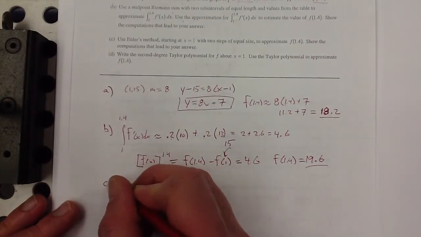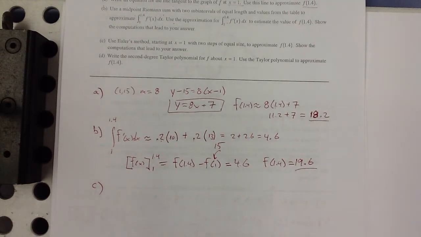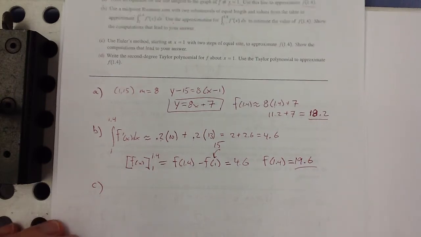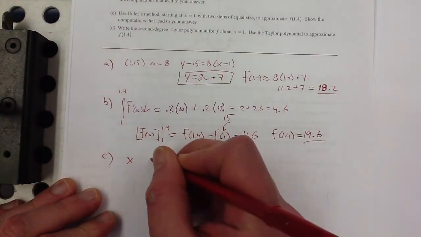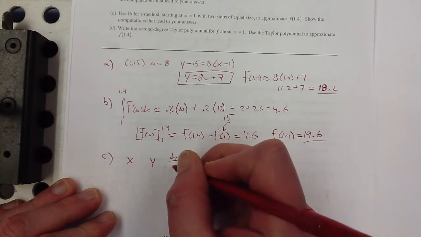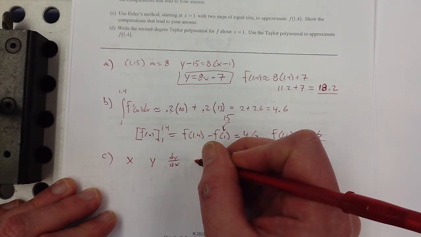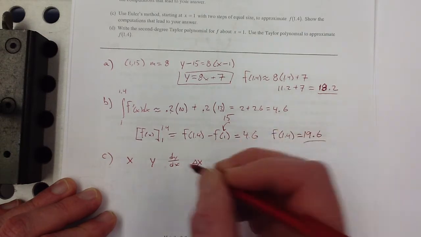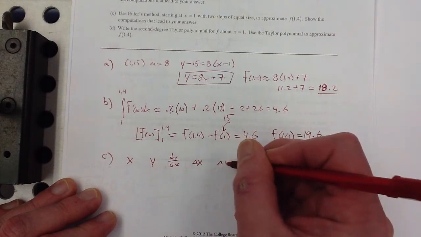All right. Isn't this cool? C. Use Euler's method, starting at x equals 1, with 2 steps of equal size to approximate 1.4. Cool. Another way to approximate it. So I've got x, y, dy dx, and delta x, and I multiply those together, and that gives me delta y.